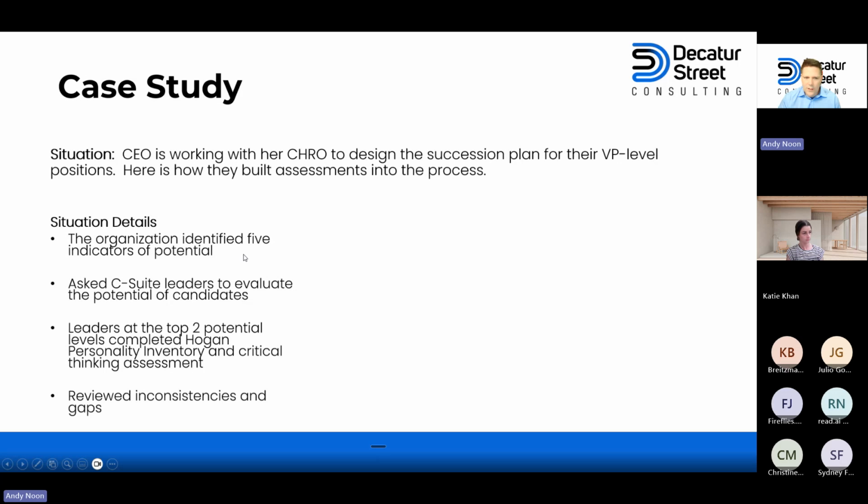So a couple things. The organization identified 5 indicators of potential. They asked the C-suite leaders to evaluate the potential of candidates. The leaders at the top 2 potential levels completed the Hogan personality inventory as well as a critical thinking assessment, and they reviewed for inconsistencies and gaps.